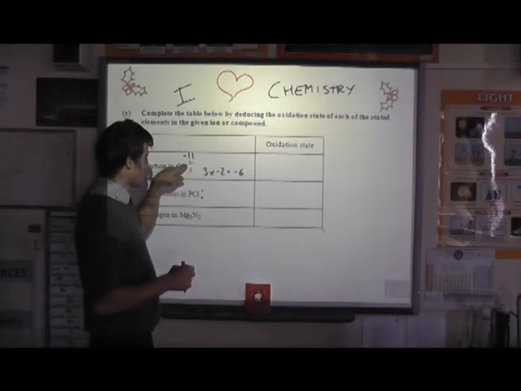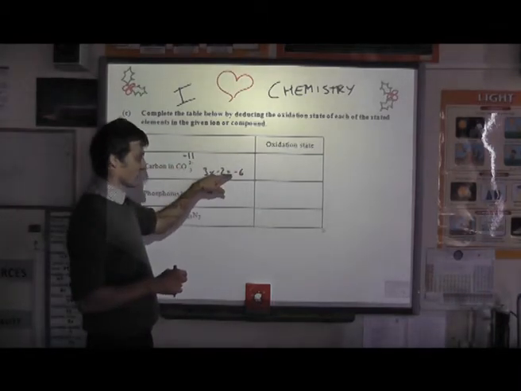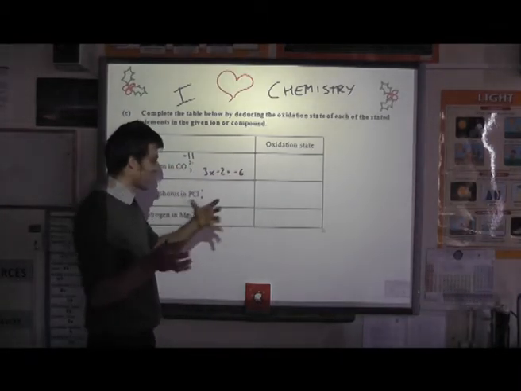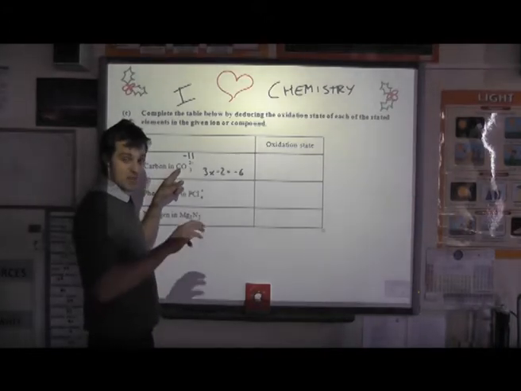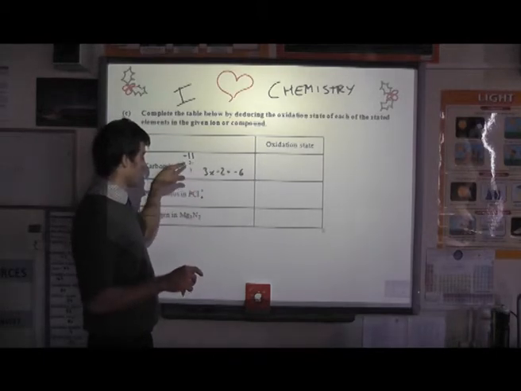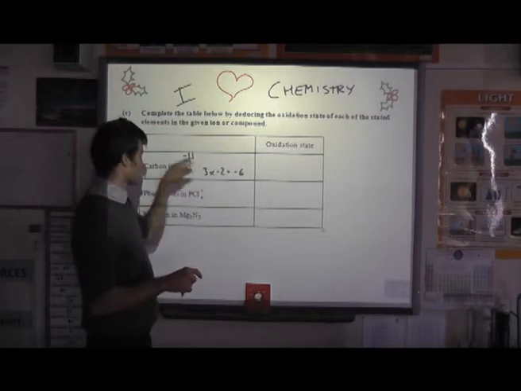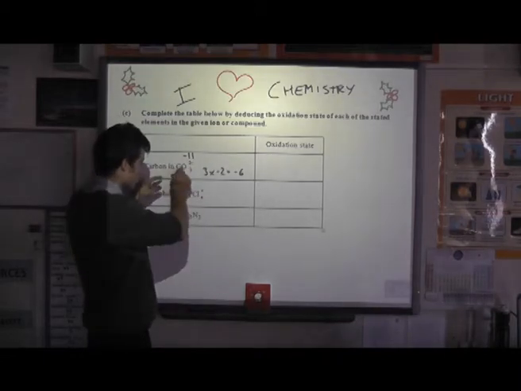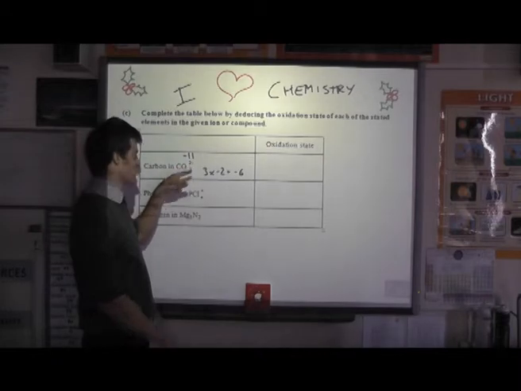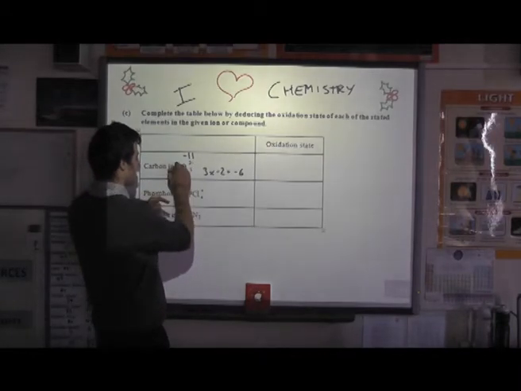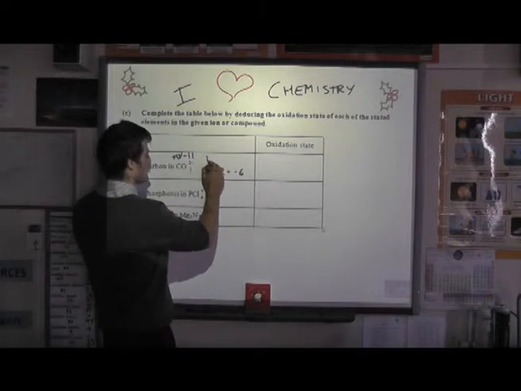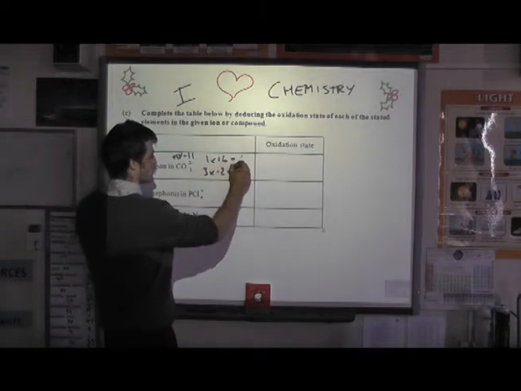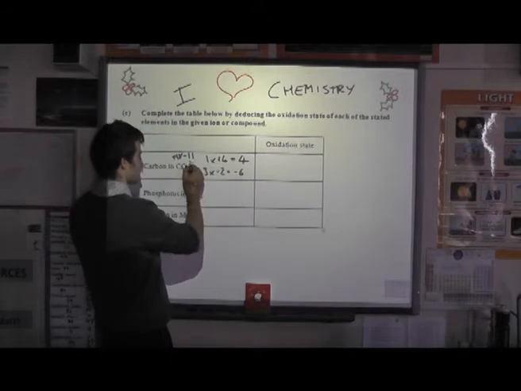So if the overall ion is 2-, but the oxygens add up to -6, the carbon must have an oxidation state of +4 to make the charge 2-. So -6 + 4 equals -2. The sum of the oxidation states of all the atoms will always equal the charge. 1 times +4 equals 4, 4 take away 6 is -2, so we're right.